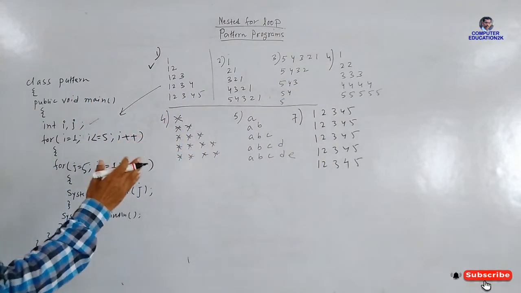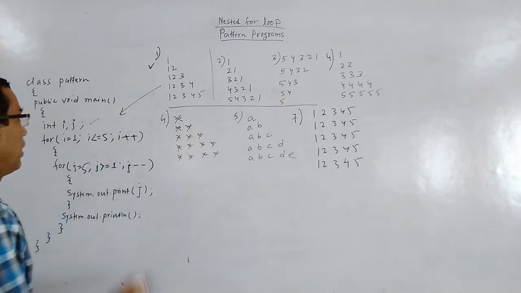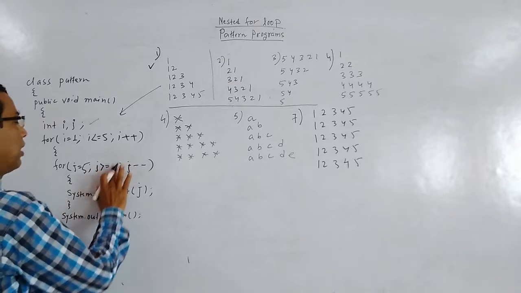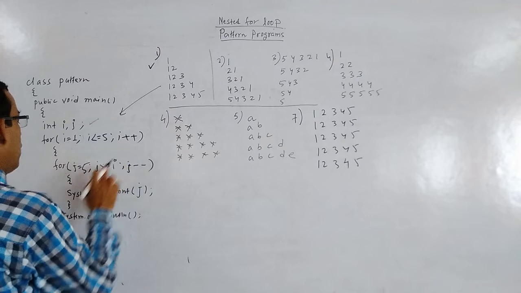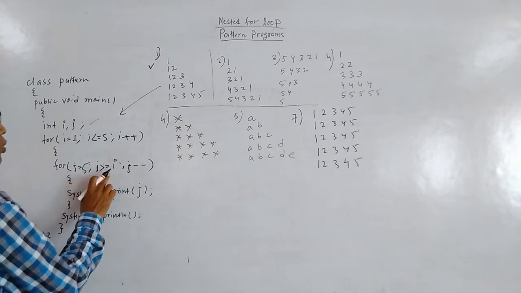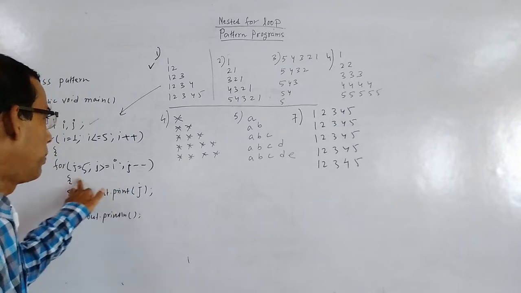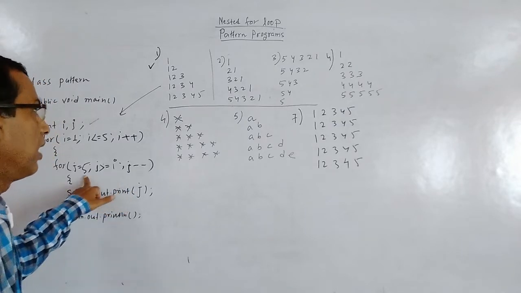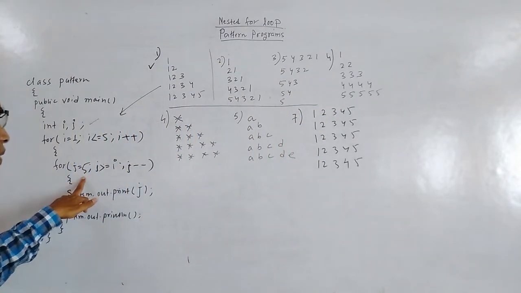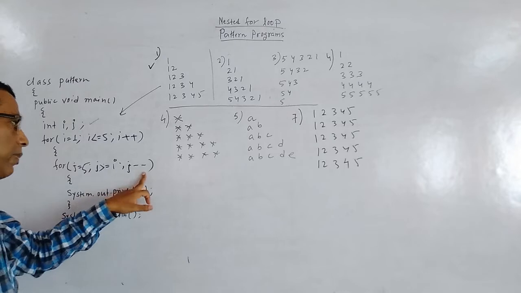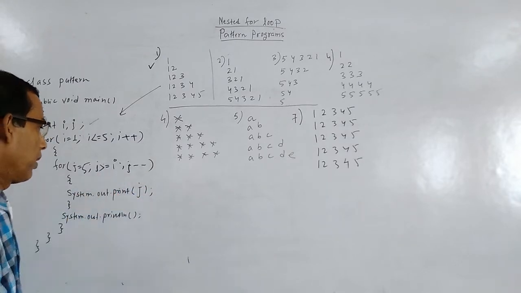So 1, 2, 3, 4, 5, at the end the values are changing, and those 1, 2, 3, 4, 5 belong to I. So you can write here: I equals 1, I less than or equal to 5, I plus plus. J equals 5, J greater than or equal to I, J minus minus. Because this prints the values in each line, and if you see any line, the values are decreasing. That's why J equals 5, J greater than or equal to I, J minus minus. And I represents all the numbers 1, 2, 3, 4, 5.